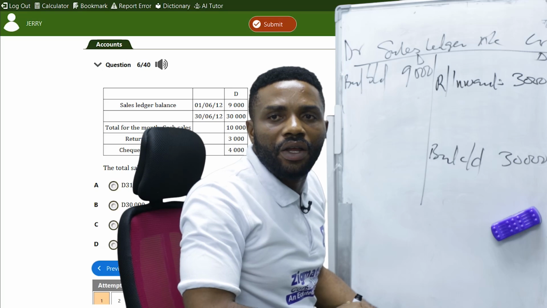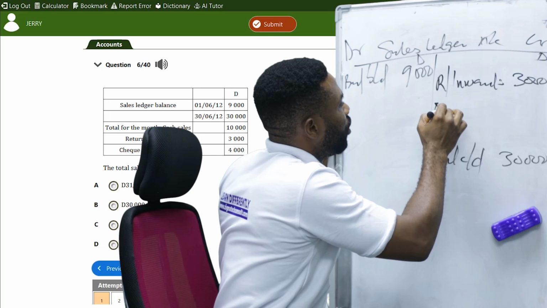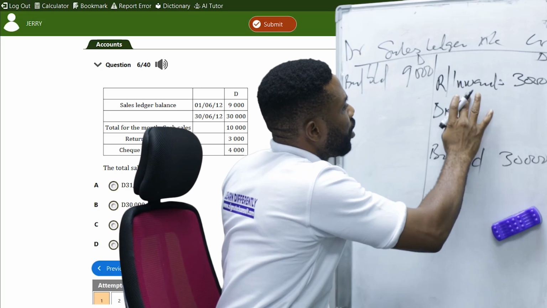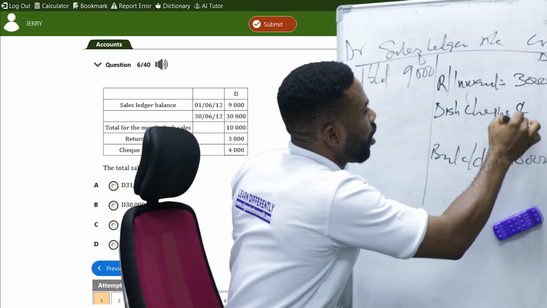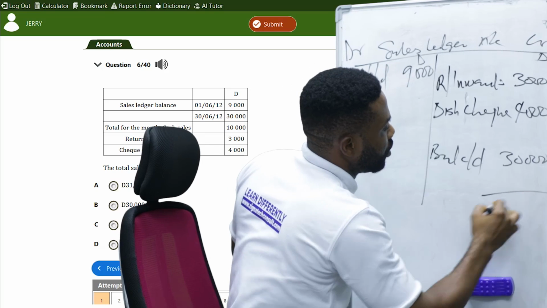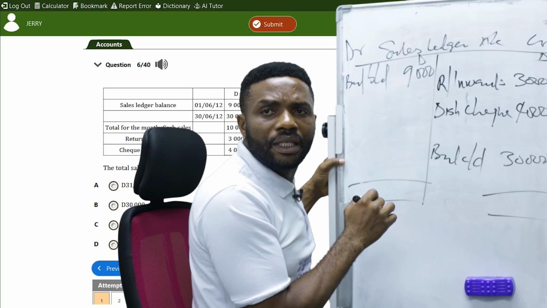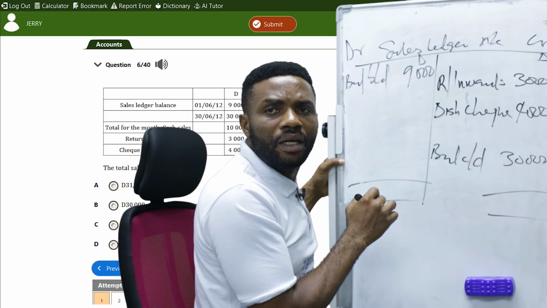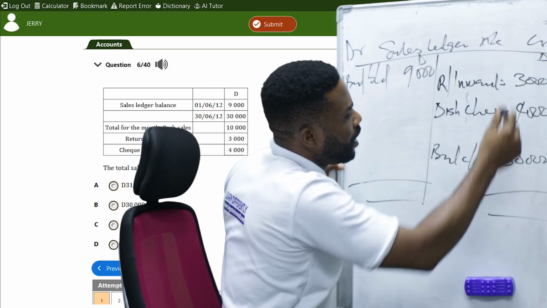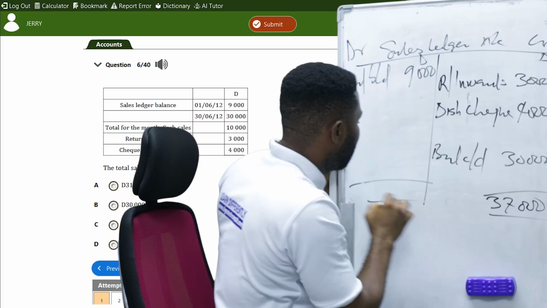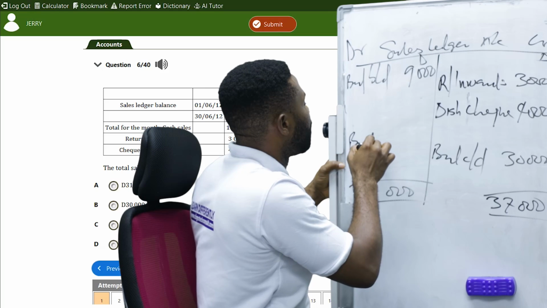And then you have dishonored check. Dishonored check is 4,000. So when you add everything here, this is 30,000, that's 37,000, and then your balance carried down.